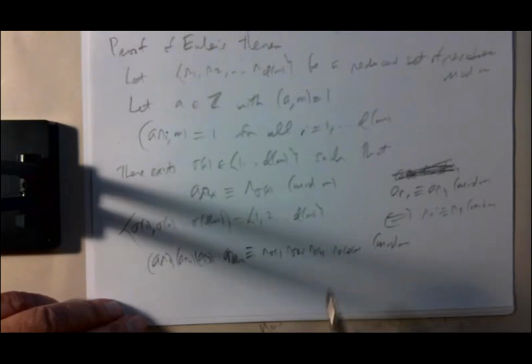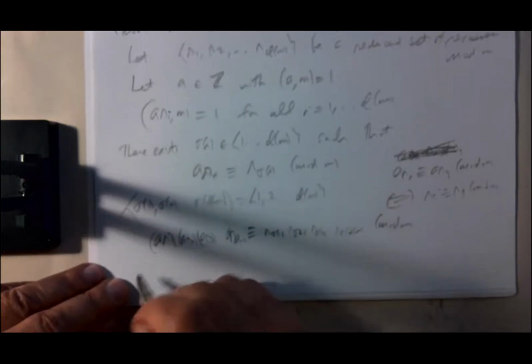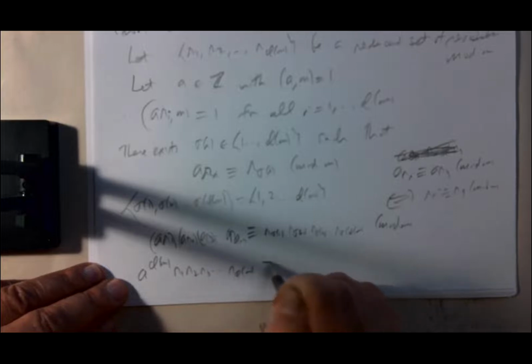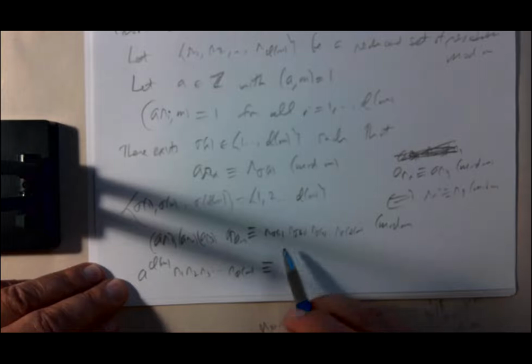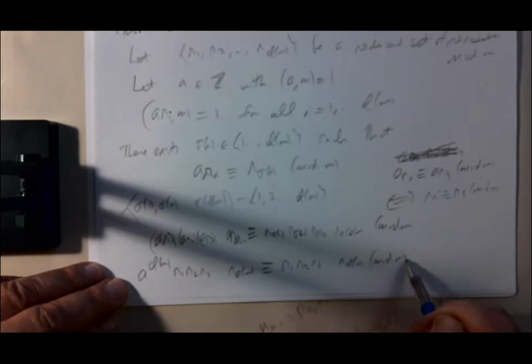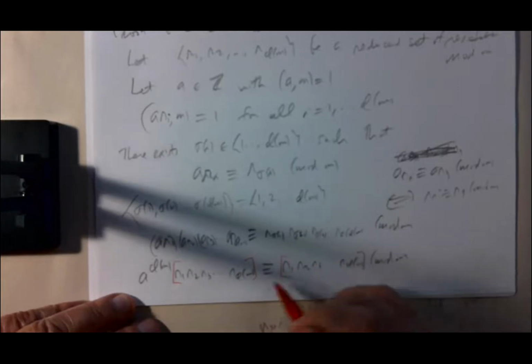This is just some permutation of 1 up to phi of M. And what I have on the left-hand side, I have a factor of A phi of M times. This is A to the power of phi of M times R1, R2, R3, up to R sub phi of M. And what I have on this side is the same product of integers, R1, R2, R3, up to R sub phi of M mod M. So A to the phi of M times this product is equal to 1 times the product.